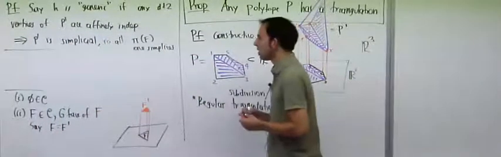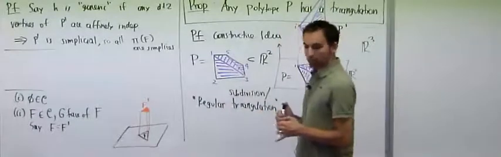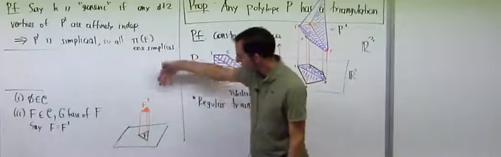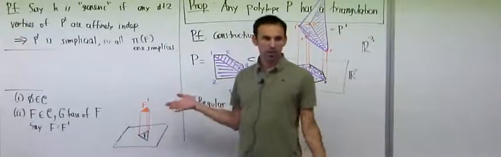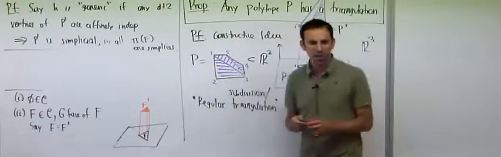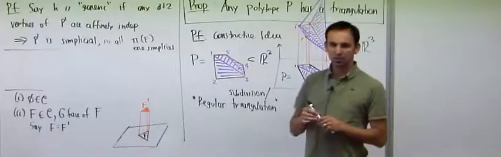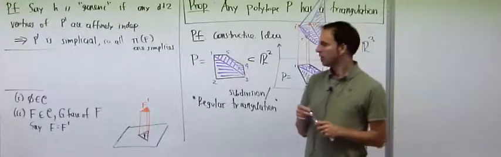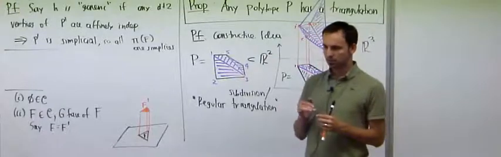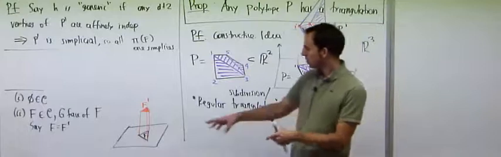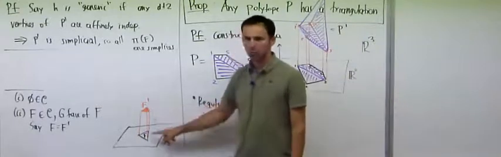Okay. Now, the observation that I want to make is that actually, if you look at this projection, first of all, it's an affine map because projections are always affine maps. But the thing that I want to point out is that this is an affine isomorphism on each face. Because if you restrict to each face, then this is a one-to-one correspondence.